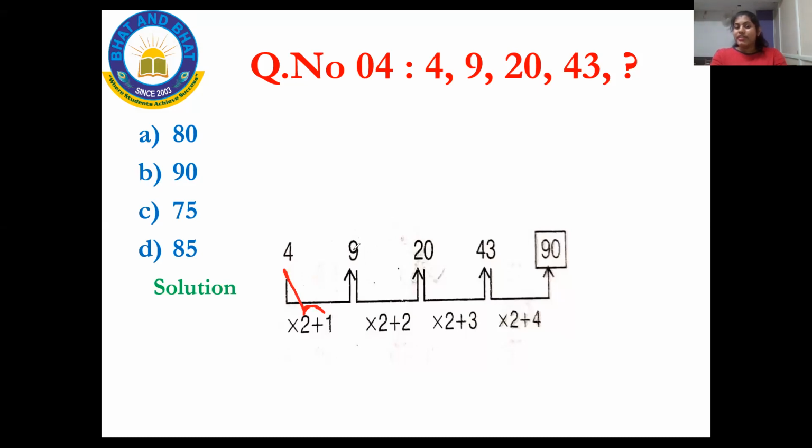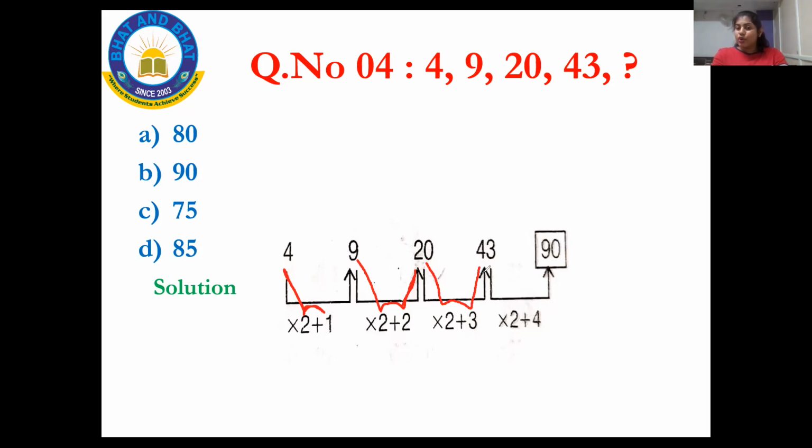Now 9. 9 2s are 18, or 2 9s are 18. 18 plus 2 will be 20. 20: 2 20s are 40. 40 plus 3, 43.